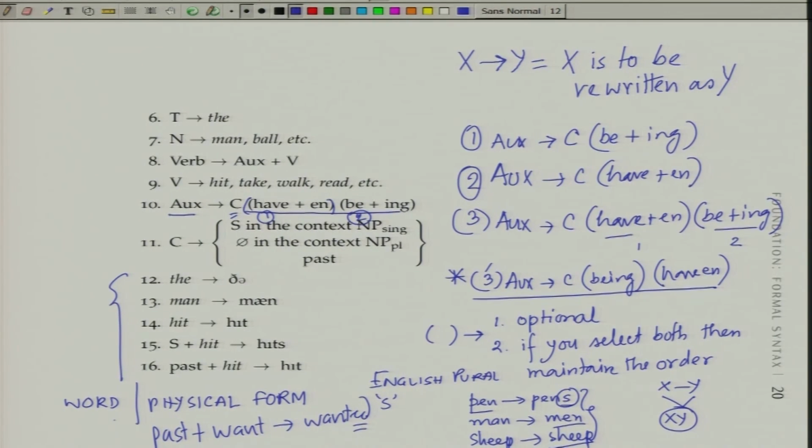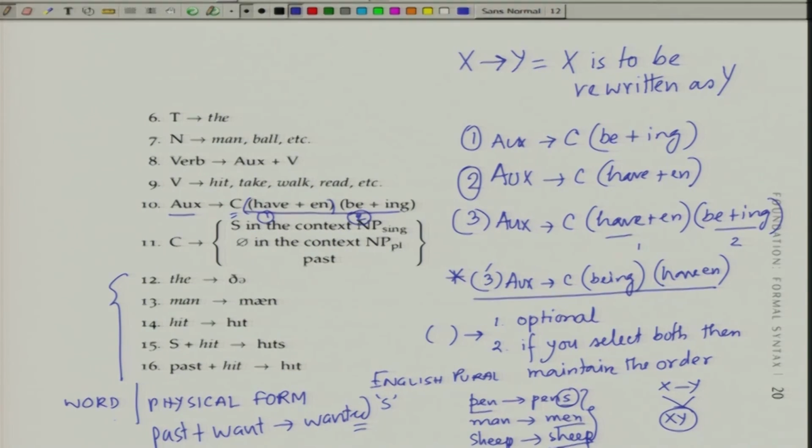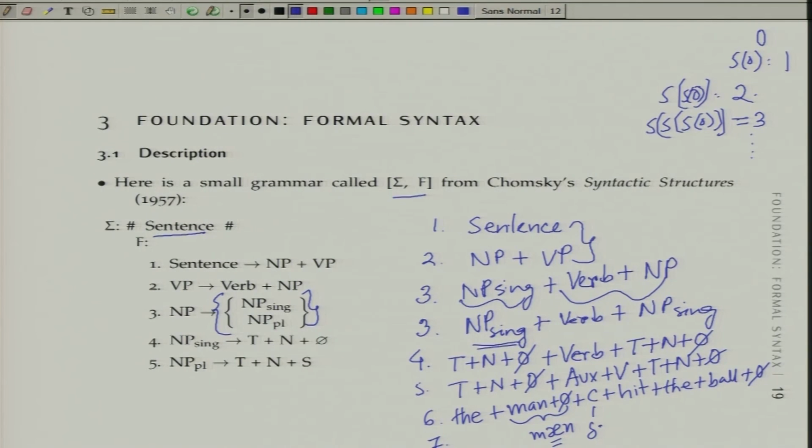So we get back to the string, and here I get the physical manifestation, which looks like this. I get the man, and because this is nothing, it looks like this, the man, and this C becomes S. Hit plus S, I should write actually the word, not this form.